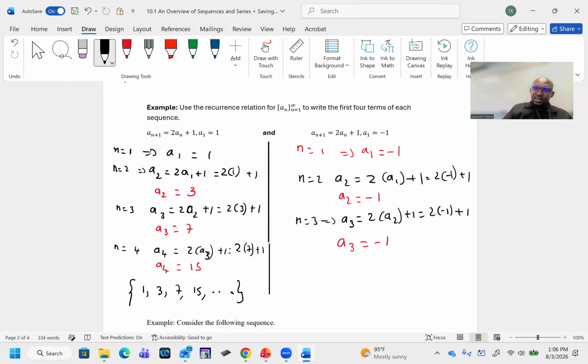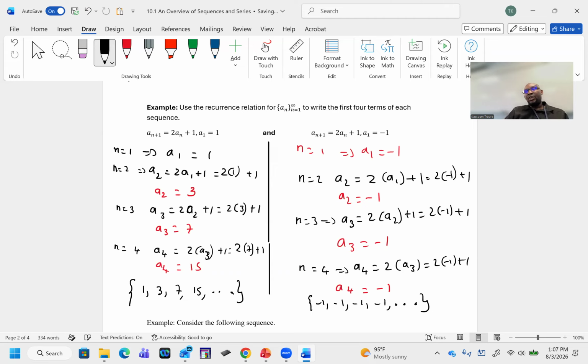And finally, n is 4. A4 will be what? 2 times A3, which is 2 times -1 plus 1. So A4 also will be equal to -1. So this means the first four terms of this sequence are -1, -1, -1, -1, and so on.